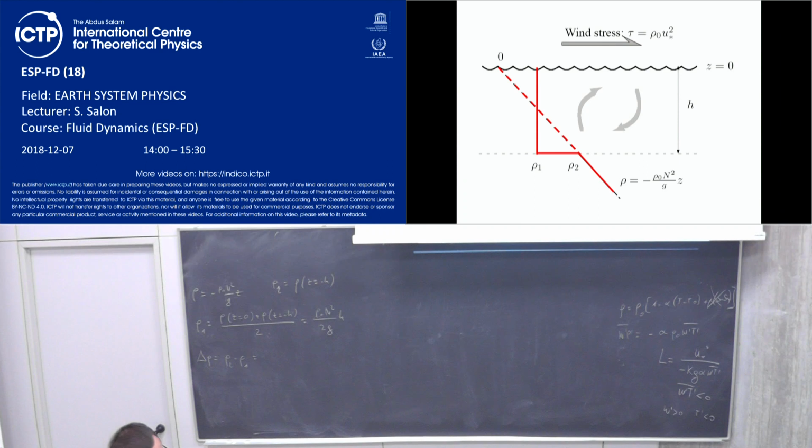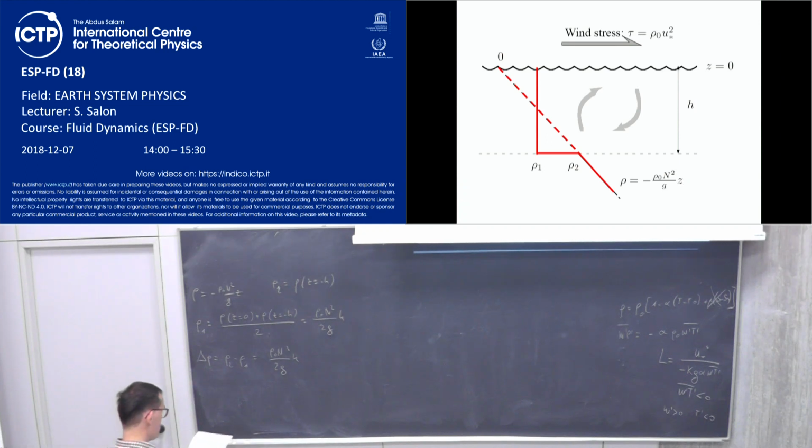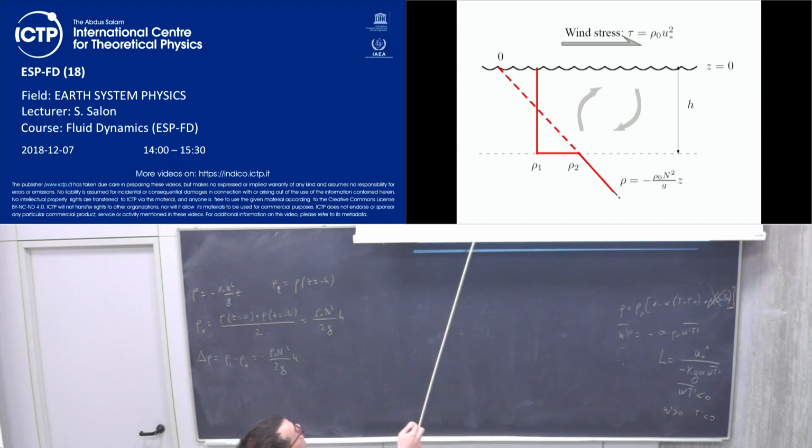Because it is exactly the same value of density that the system has at the base of the layer. So, which will be exactly equal to this value. Okay? So, the density jump has the same value of rho 1.